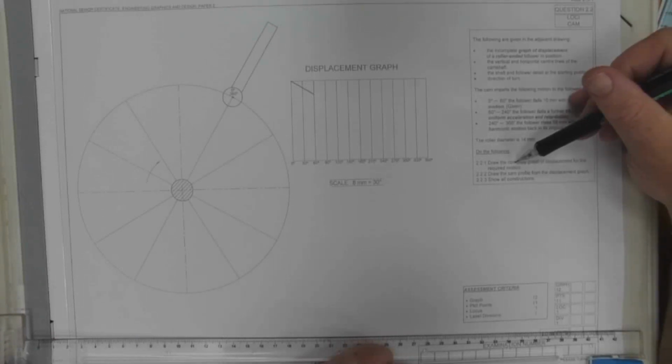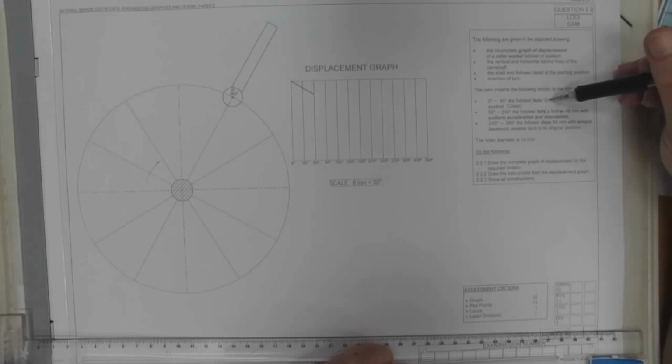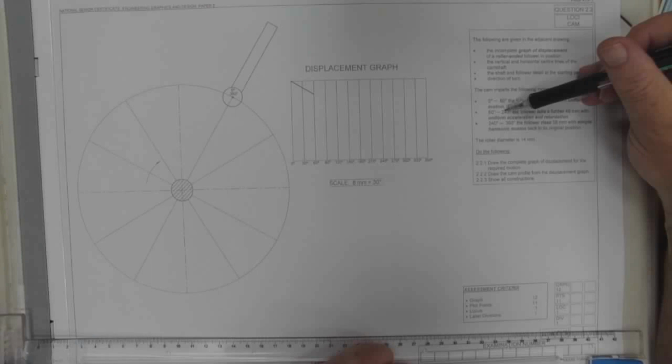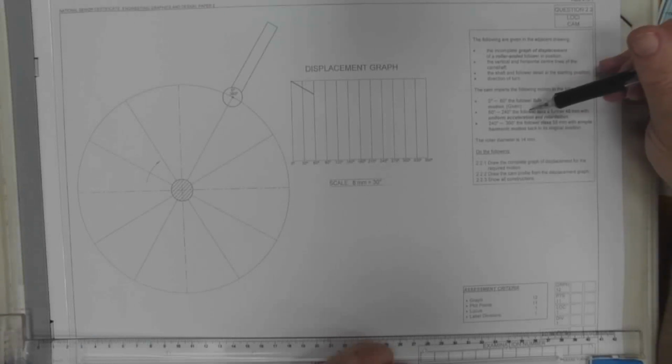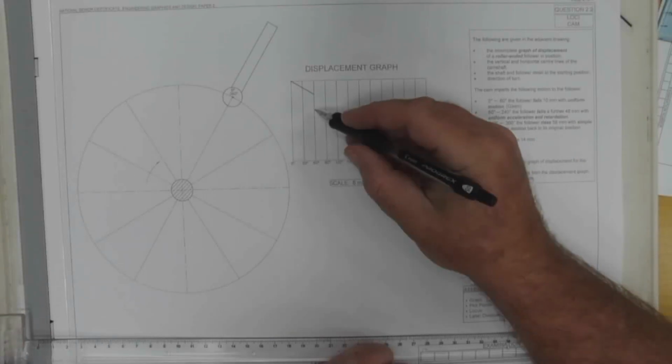So they've asked you here, draw and complete the graph of displacement. So let's do that. From 0 to 60, the follower falls 10, which they've given us. Then they say from 60 to 240, the follower falls 48 with uniform acceleration and retardation. So let's just check where that is going now. So we're at 60.